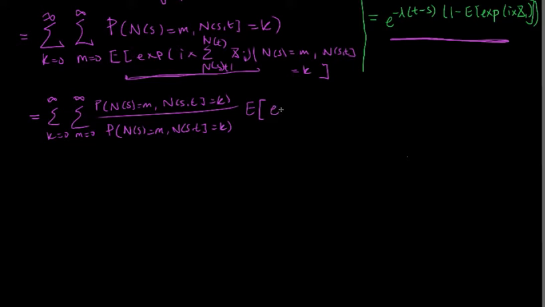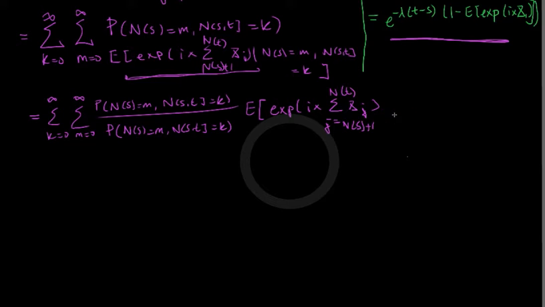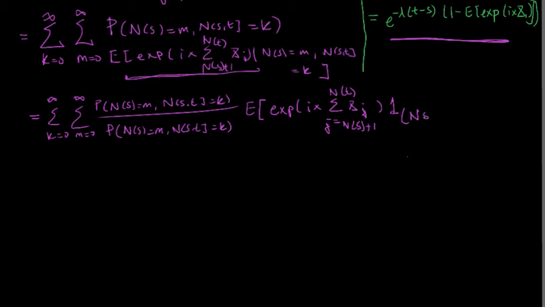So the mean value of the exponential of ix times the sum of Xi, for j going from N(s) plus 1 up to N(t), restricted to the event that N(s) is equal to m and N(s, t) is equal to k. Okay, good.